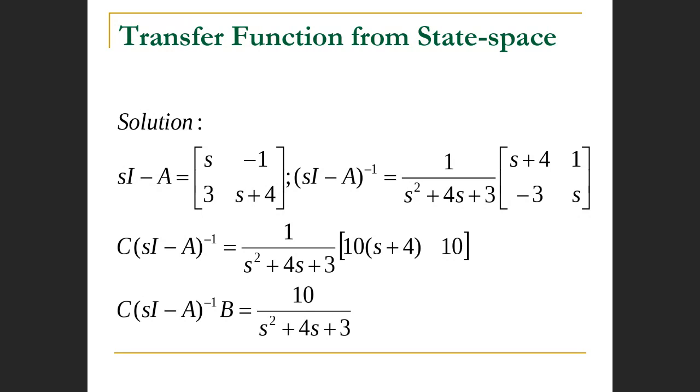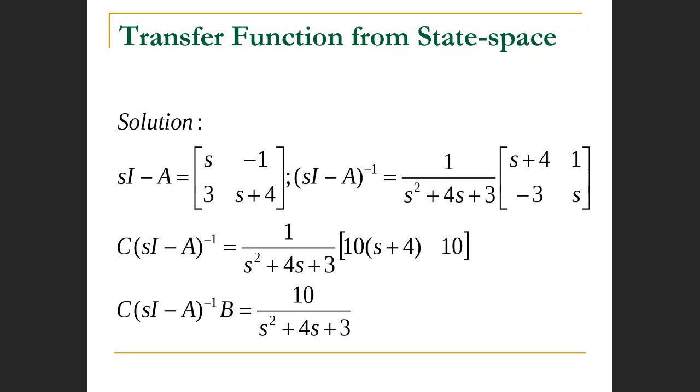So what happened here is that when we subtract SI minus A, we're going to get this expression here, just simple matrix subtraction. SI, which is S times the identity matrix, minus A, and we're going to end up with this expression.